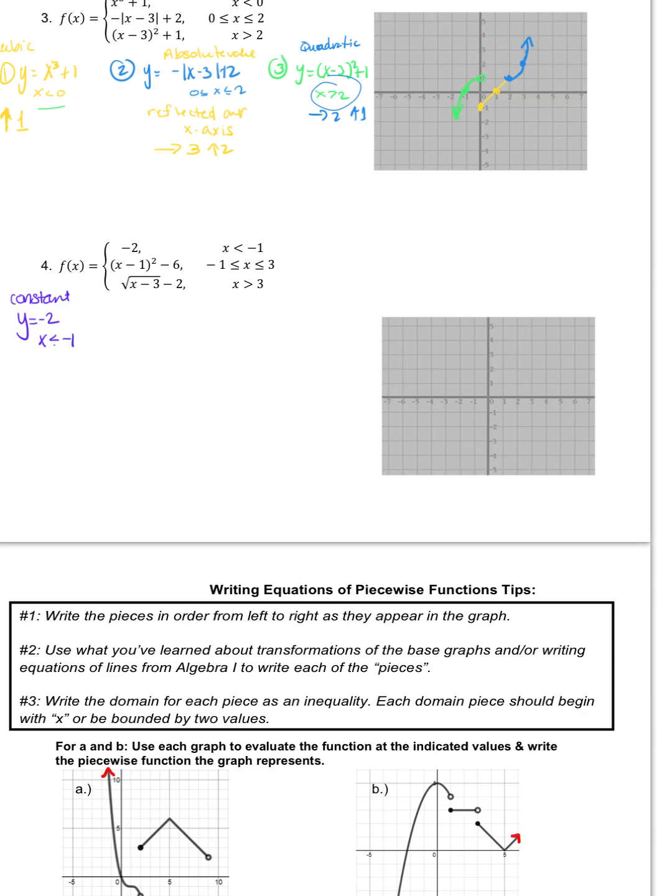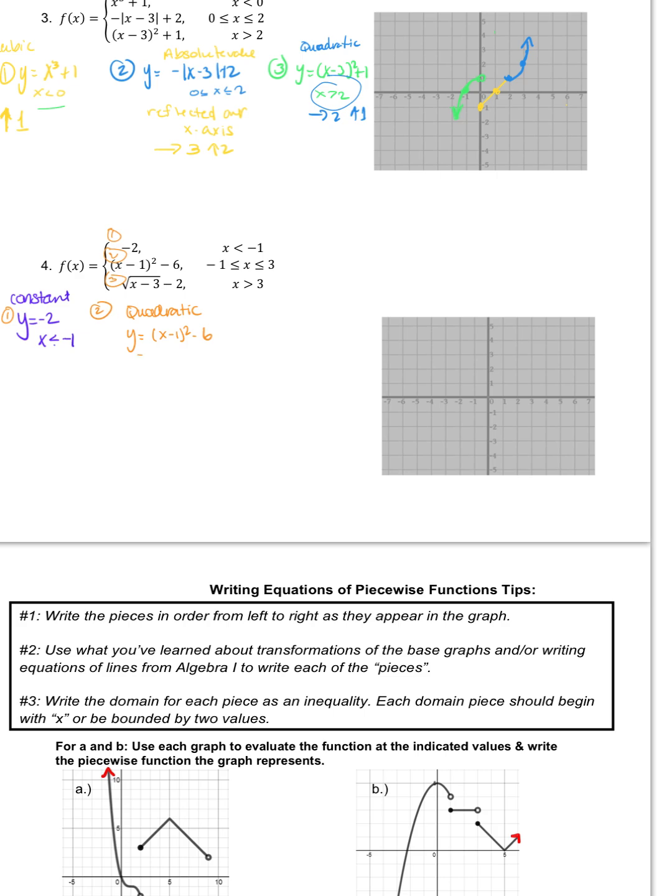The second one we have is another quadratic. So it's number 1, number 2, 1, 2, and 3. It's quadratic, so we have our quadratic. The function is written y equals (x minus 2) quantity squared minus 6.